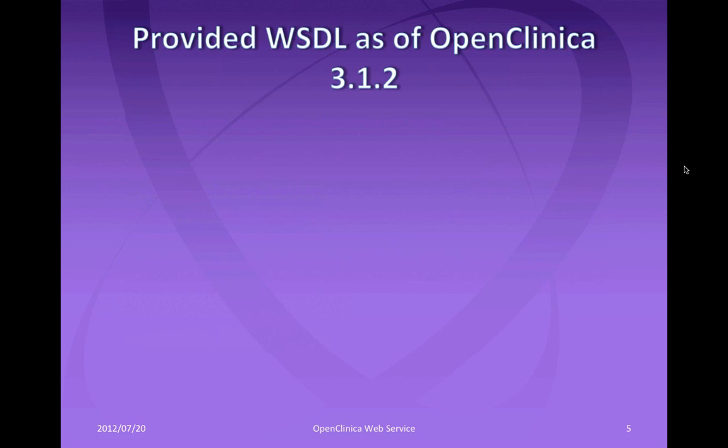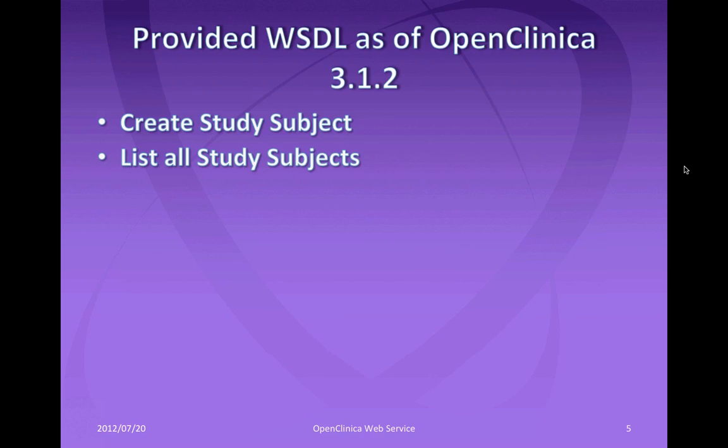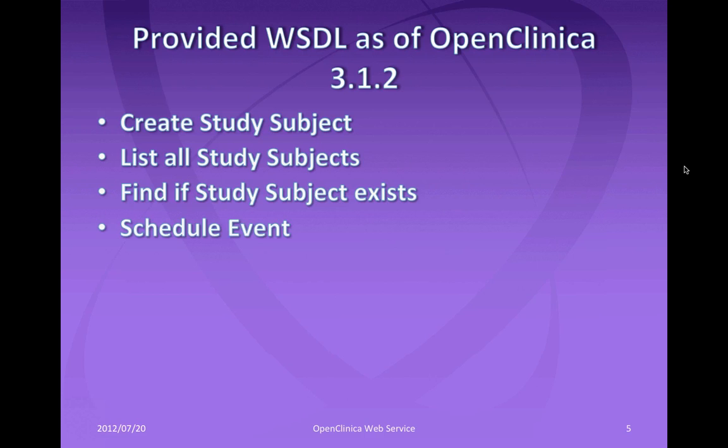Here is a list of provided WSDLs as of OpenClinica 3.1.2. Create study subject. List all study subjects in a study. Find if study subject exists. Schedule an event for an enrolled study subject. Import data onto an OpenClinica CRF for an already scheduled study event.